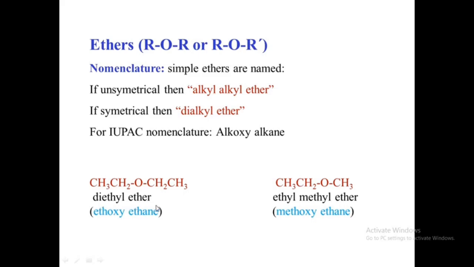The common name is diethyl ether because both the alkyl groups are ethyl groups. But when we consider the IUPAC name, the name is ethoxyethane because the same number of carbon atoms are present in both parts. Therefore we can use any one part as alkoxy and the other part as ethane. So the alkoxy part is ethoxy and the alkane part is ethane, since two carbons are present.